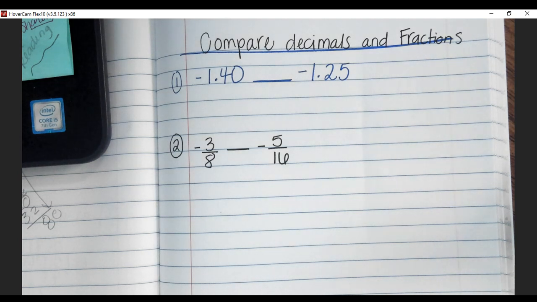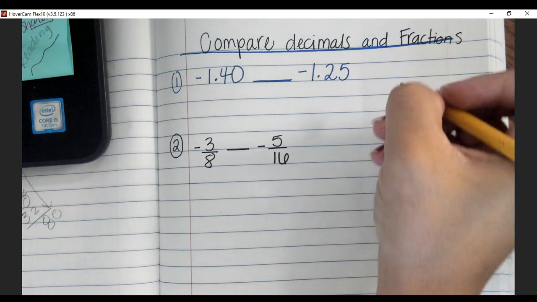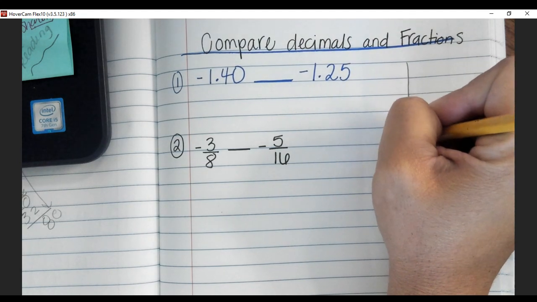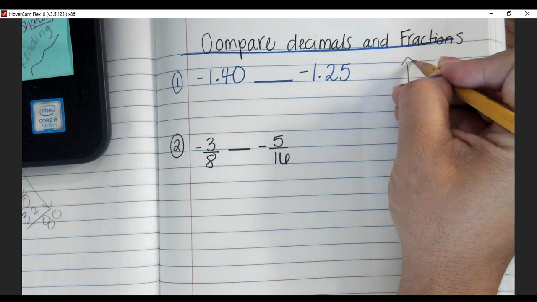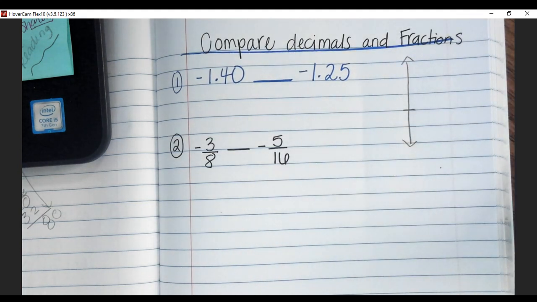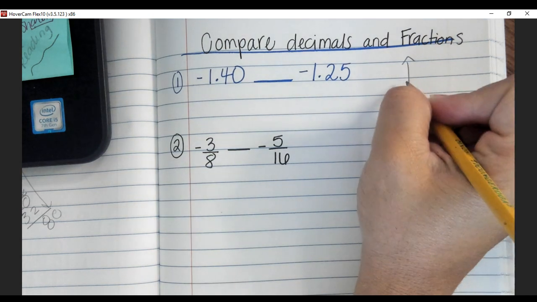So you can use a number line, and I'm going to make a number line going vertical.